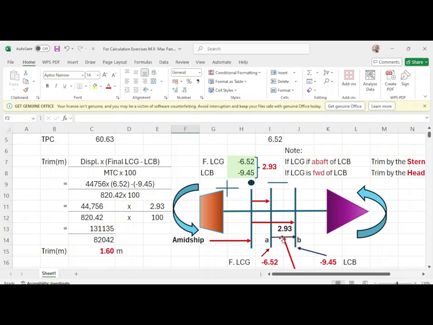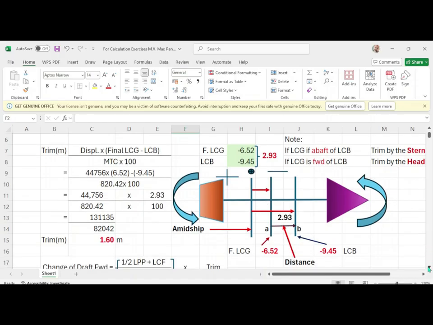What remains now is your distance from LCG to LCB. This is point A, this is point B. The distance from point A to point B is 2.93.